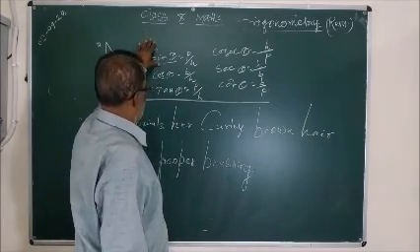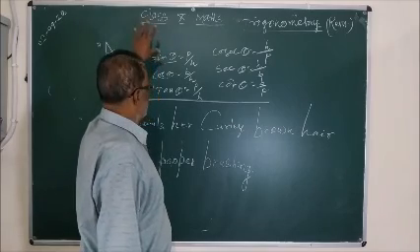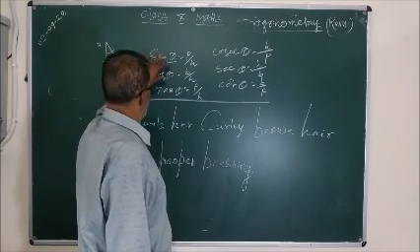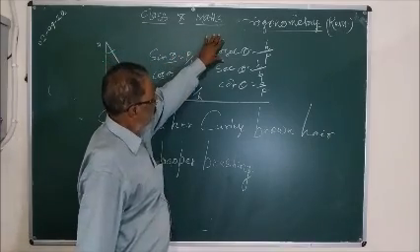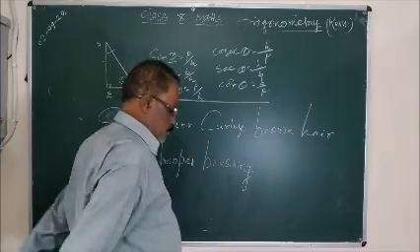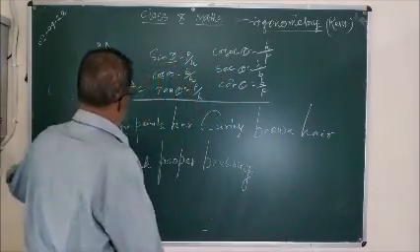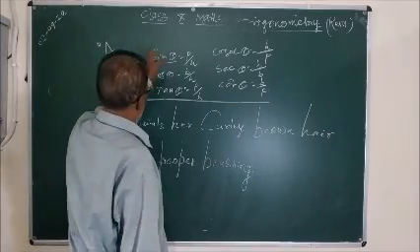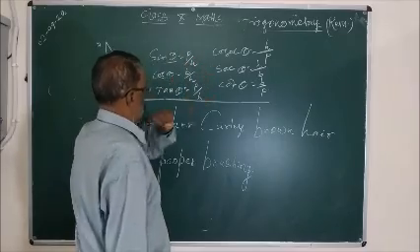This is sine, not sin. Some students pronounce this word as sin. It is sine, cosine, tangent, cosecant, secant, and cotangent. But for convenience, we call them sine, cos, tan, cosec, sec, cot.